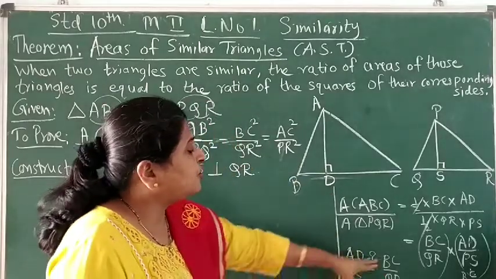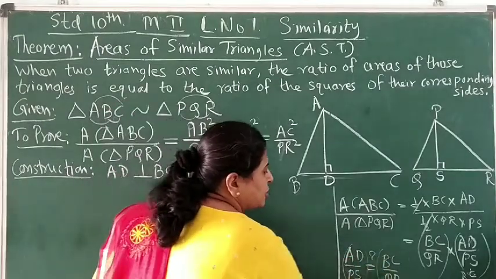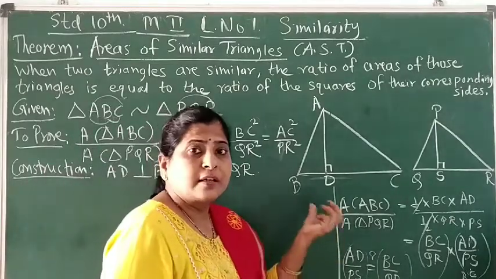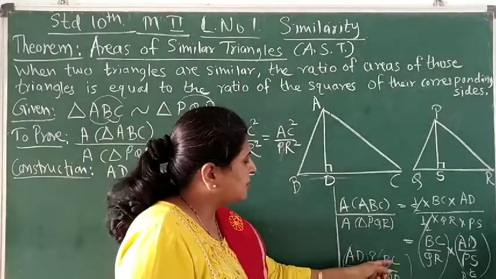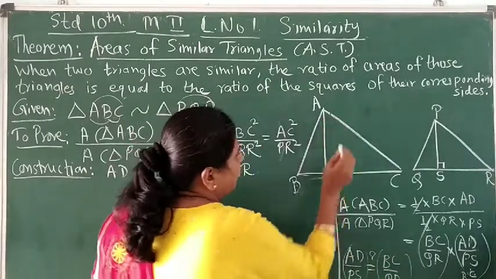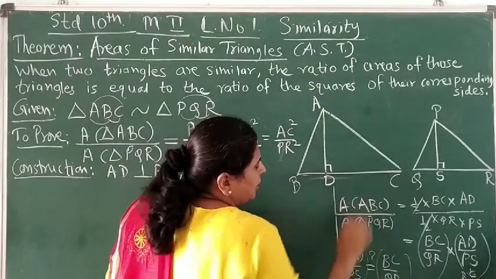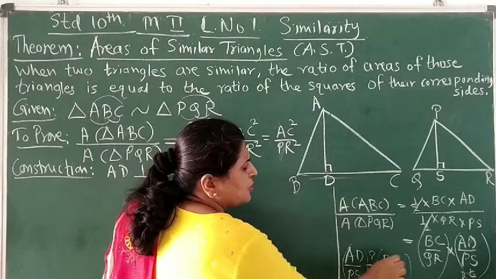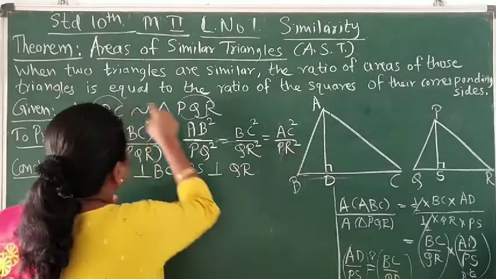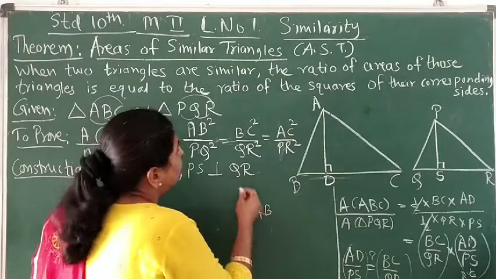Okay, so can we show these two altitudes are in proportion with the corresponding sides or not? For that we have to show two triangles similar, where we have these sides BC and QR or PS. So what about AD and BC? They are not in the same triangle. Now we know that the two triangles ABC and PQR are similar, so all three sides are in proportion.